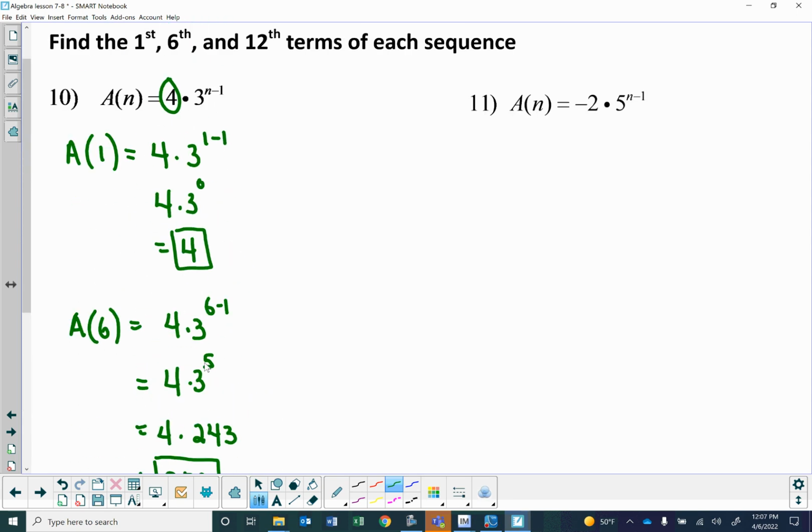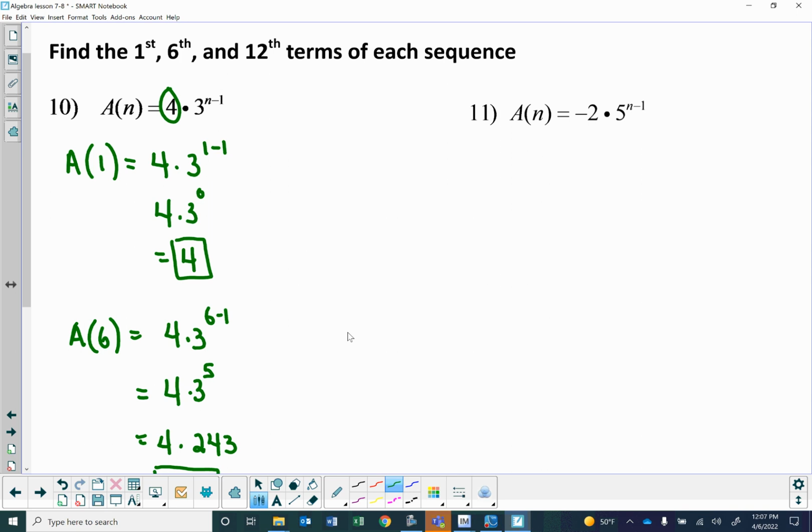Let's take a look at the last problem. We're also going to find the first, 6th, and the 12th terms. I'm going to find the first term first without actually putting it in. A of 1 is going to equal -2 because that's the first number. It's part of the sequence. The 6th term of the sequence is going to be -2 times 5 to the 6 minus 1.